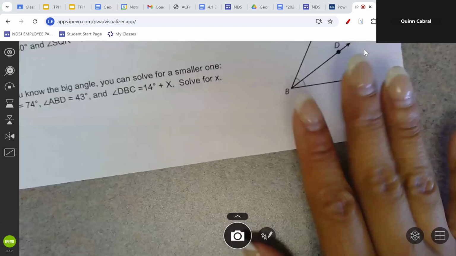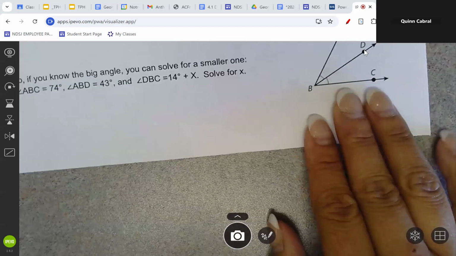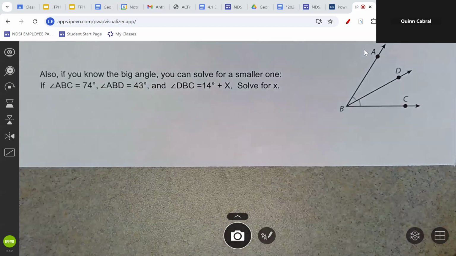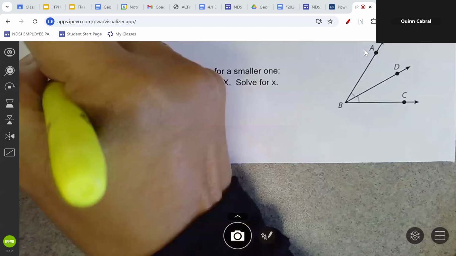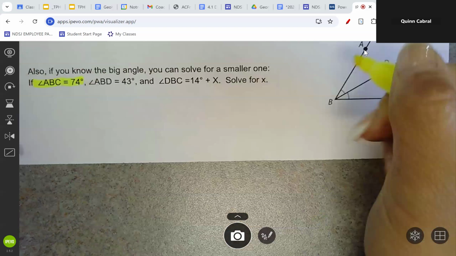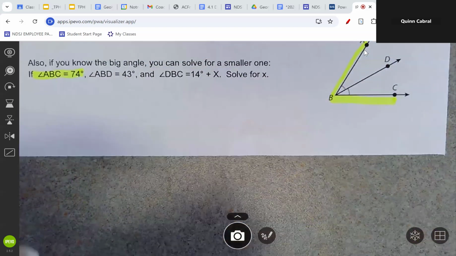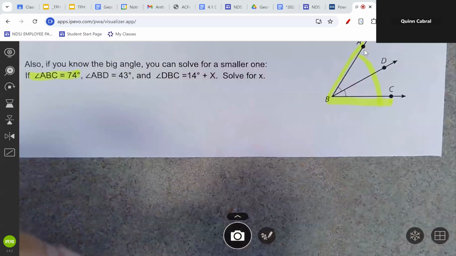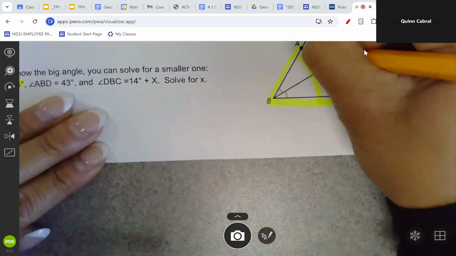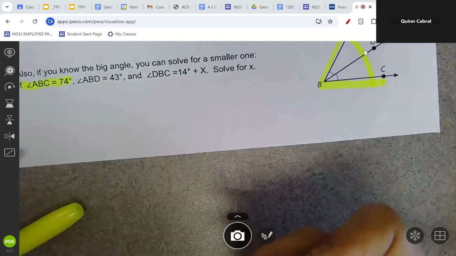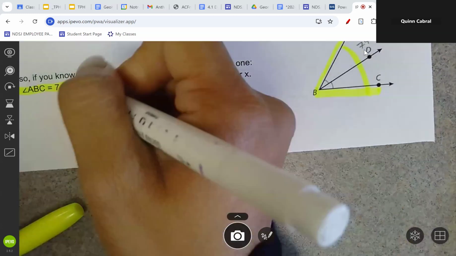All right, so for the second problem here, I have ABC is 74 degrees. Okay, so let's try that. A to B to C is 74 degrees. There we go. So that big one is 74 degrees. Next, I have ABD.